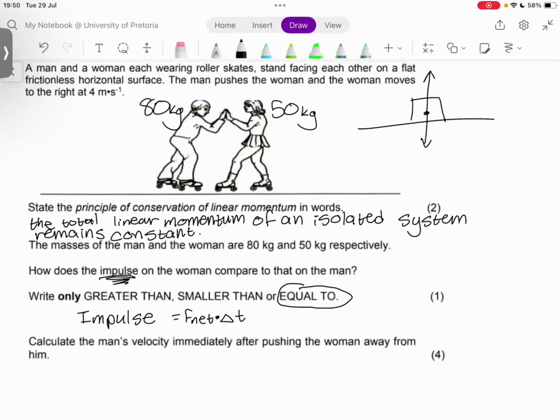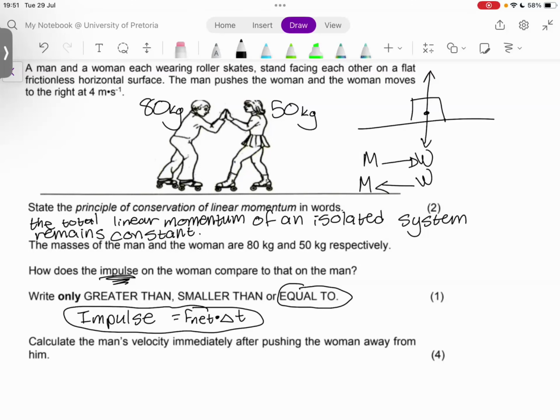From then we can see that because the force that the man exerts on the woman would be the same as the woman exerting on the man, if we go back to this impulse formula, it's going to be the exact same for both of them. They both experience the same net force, and that net force takes place over the same period of time.